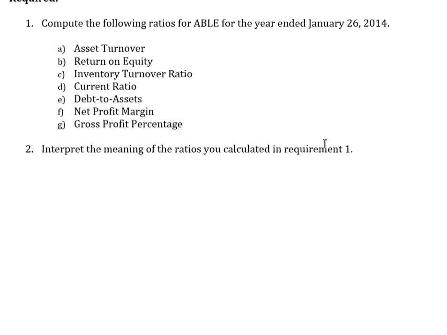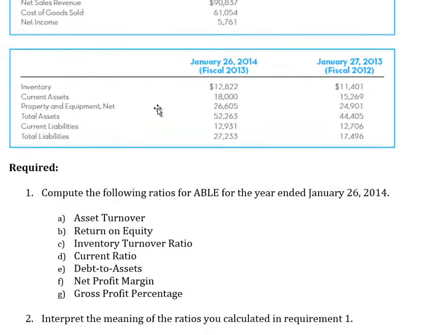Well, if you remember, you didn't have a number here that said average total assets, but what you did have is a line for total assets, and you had the beginning balance and the ending balance. And all we're going to do is find a simple average.